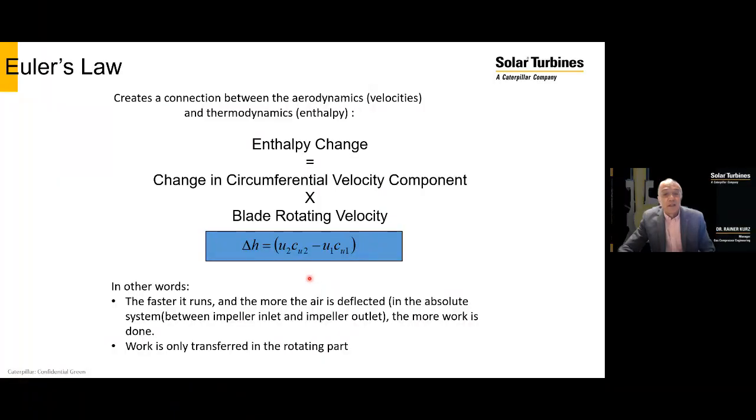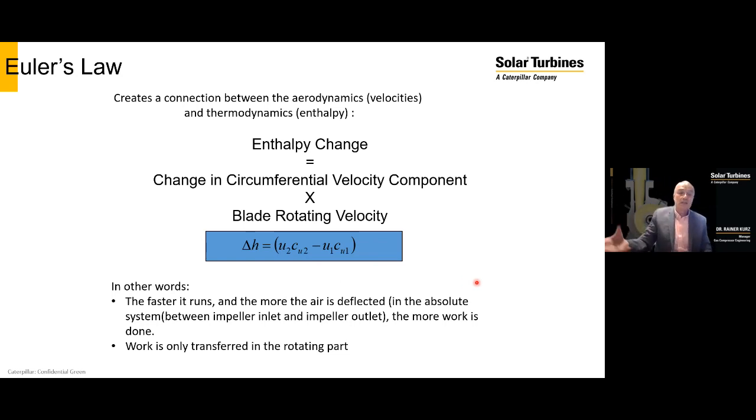So basically, that's Euler's law. So the work is the change in circumferential velocity of the gas times the spinning speed of the impeller.